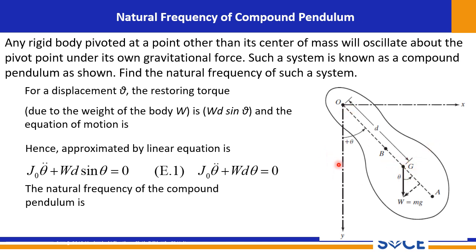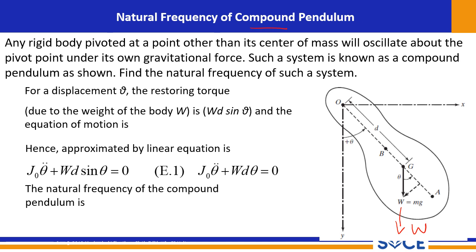When displaced, the body will oscillate about the pivot point under the influence of its own weight. This is what we call a compound pendulum. Our goal is to determine the natural frequency of oscillation for this system.